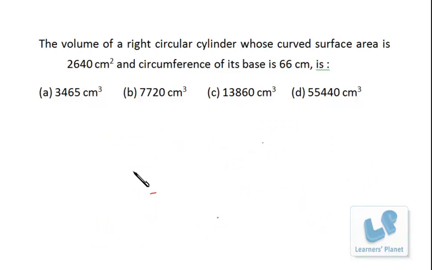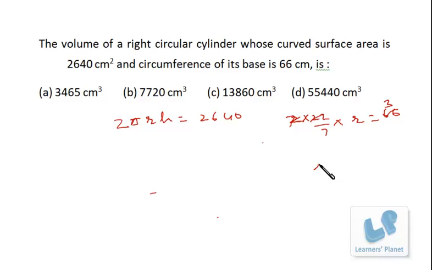Now alternatively, 2 pi r h is given to you as 2640. Do not calculate h, just calculate r, right? It's 2 into 22 by 7 into r is 66. Sorry, this is 22, this is 3. So r is 21 by 2, right? What you have to calculate is pi r square h. So if we multiply r to this, what will we get? 2 pi r square h.